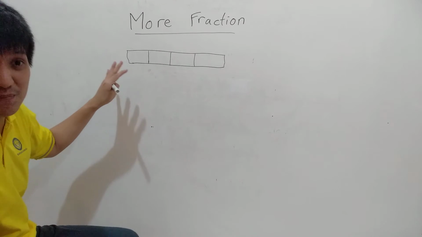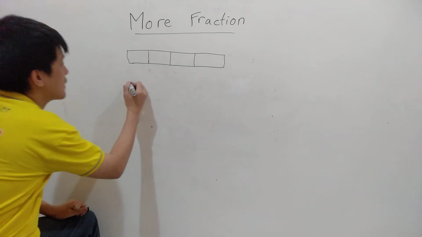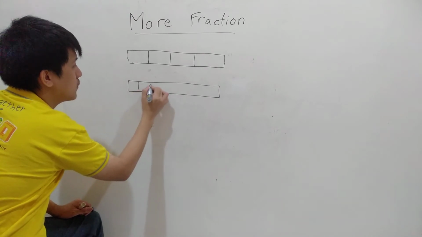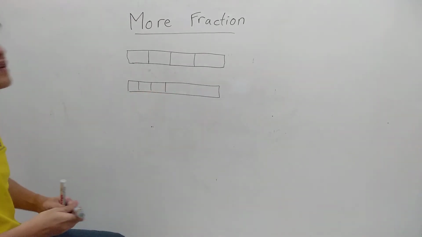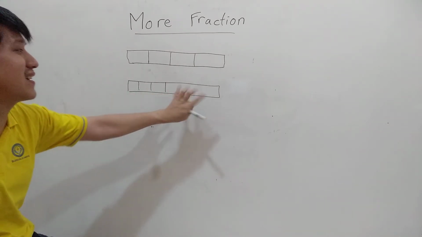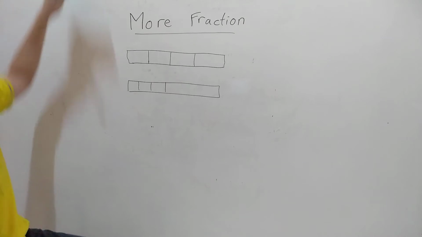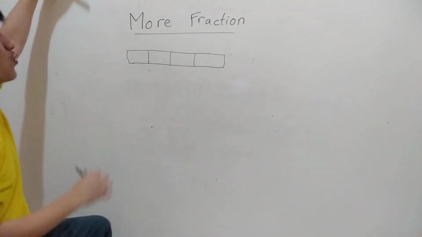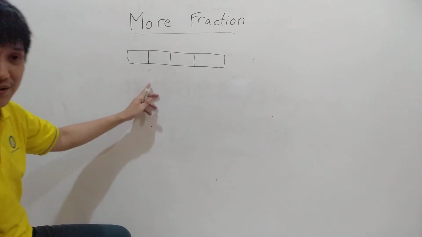So just draw as best as you can. But it's not something like this either. You do it like this, and then you cut it 1, 2, 3, 4. This is obviously wrong. You do not do this. You can see clearly that it's not the same. Okay? Do you get what I mean? So try your best to make sure that it's equal, because remember, fraction is equal parts.